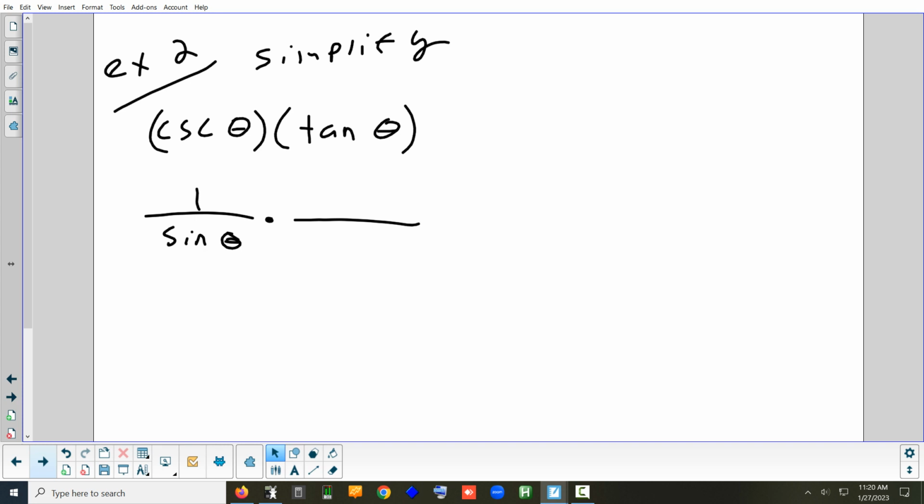Well, the goal here was to try to change to sines and cosines. I'm not saying 1 over cotangent is a bad idea all the time, but it's a bad idea this time. And when you multiply straight across, what happens? Sines cancel out, and we're left with 1 over cosine.